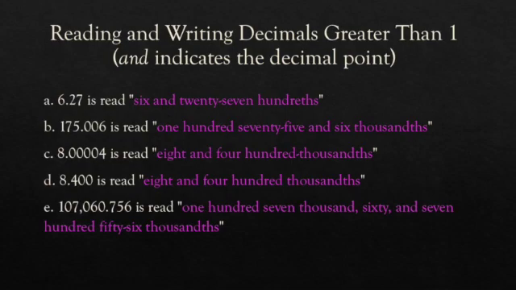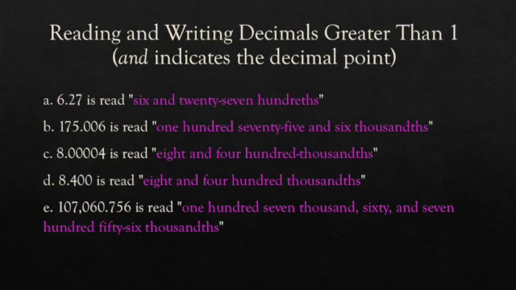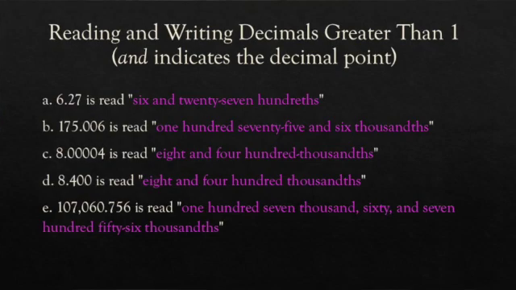Well, here is where you will use the word and when dealing with decimals. So this is read as 6 and 27 hundredths. I'm going to write this out for you. This is 6 and 27 hundredths.